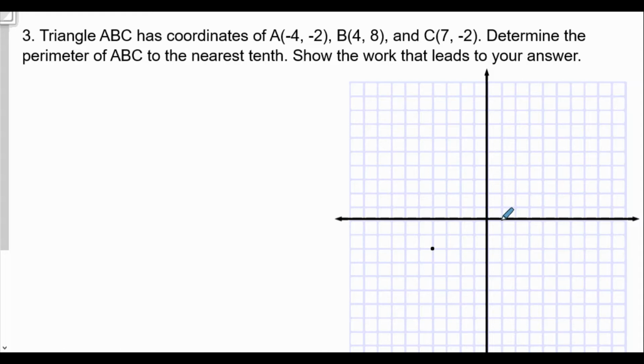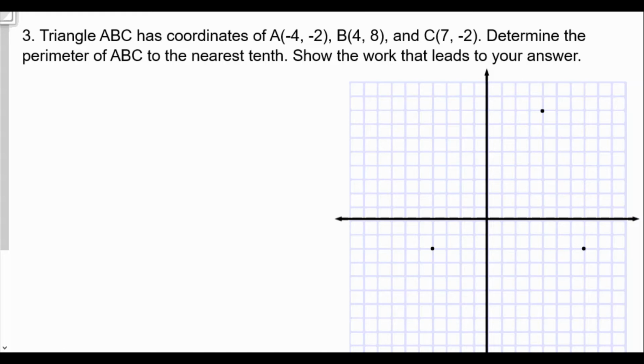So +4, 8: 1, 2, 3, 4, and up 1, 2, 3, 4, 5, 6, 7, 8. So that's 4, 8. And then C is 7, -2. So 1, 2, 3, 4, 5, 6, 7, and -2, 1, 2. Oh, all right. There you go. That's actually pretty helpful.